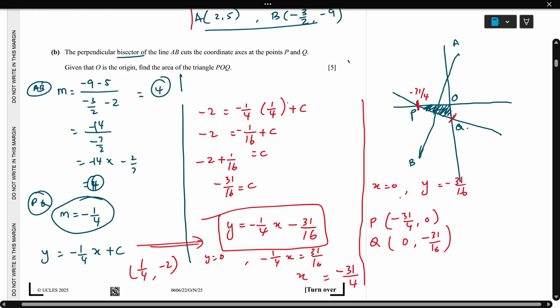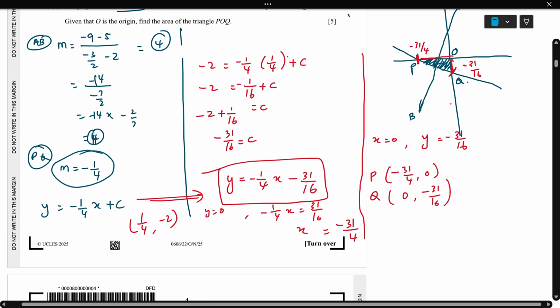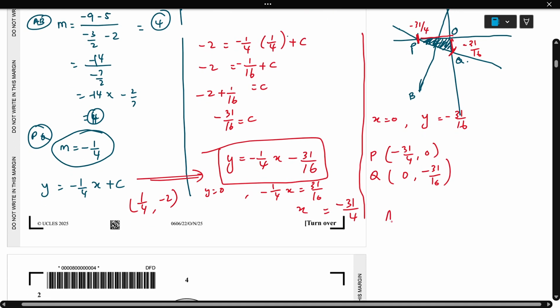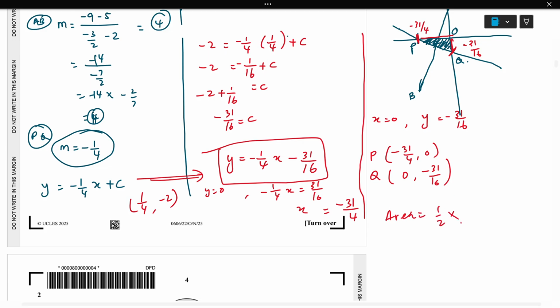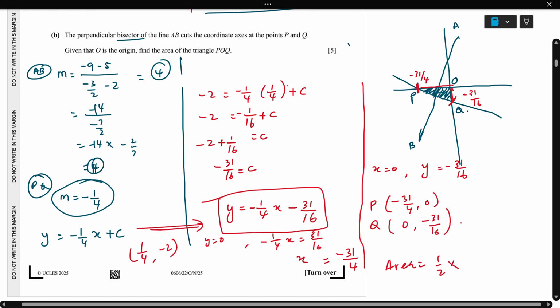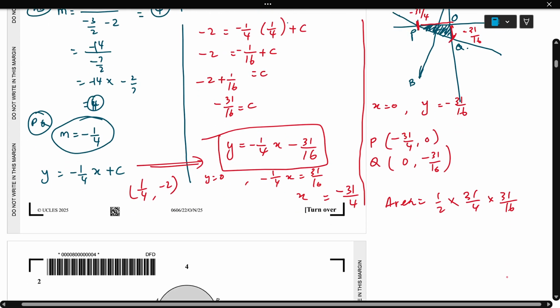Now we need to find the area. The height is always positive, the minus sign does not matter, so the area is half times base times height: half times 31 by 4 times 31 by 16. Length can't be negative, so we take it as positive.